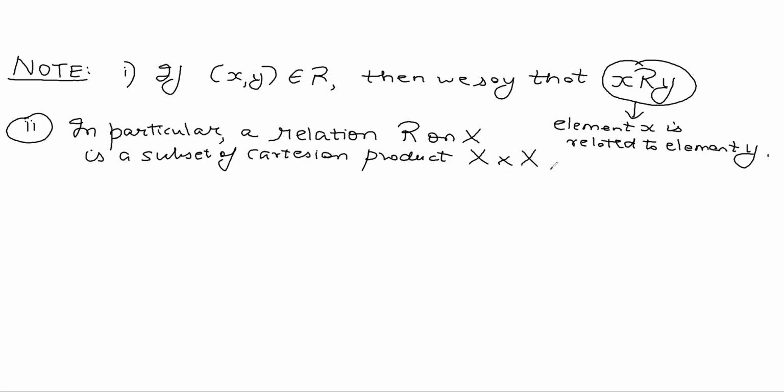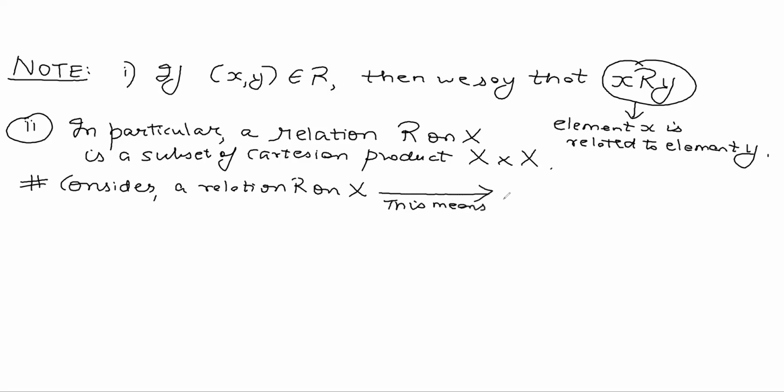Look at the statement: consider a relation R on X. This means that R is a subset of X cross X. Since all of you have now come to college, I am trying to make you comfortable with the mathematical symbols we will be using.